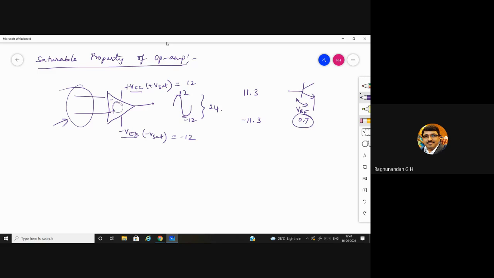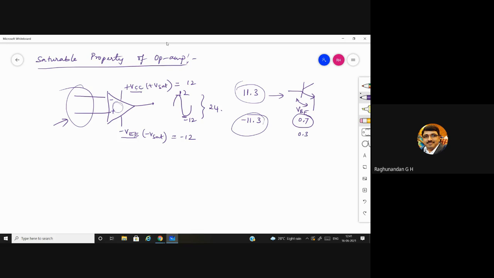So whenever you give the input, that input should be greater than 0.7, then only this transistor starts conducting. Until that 0.7, or it might be 0.3 if you take a germanium transistor, this transistor is not going to conduct. So that 0.3 or 0.7 will be wasted. That's why in the output also that 0.3, 0.7 will be missing out. This is the practical case.